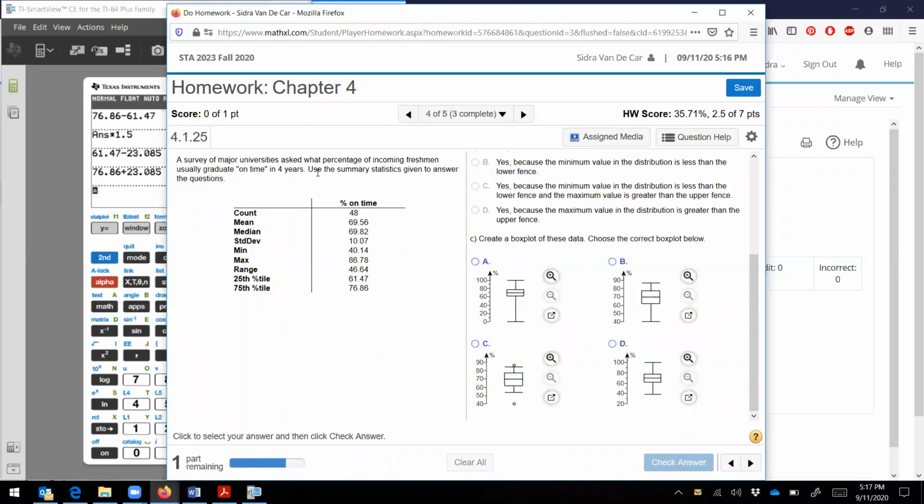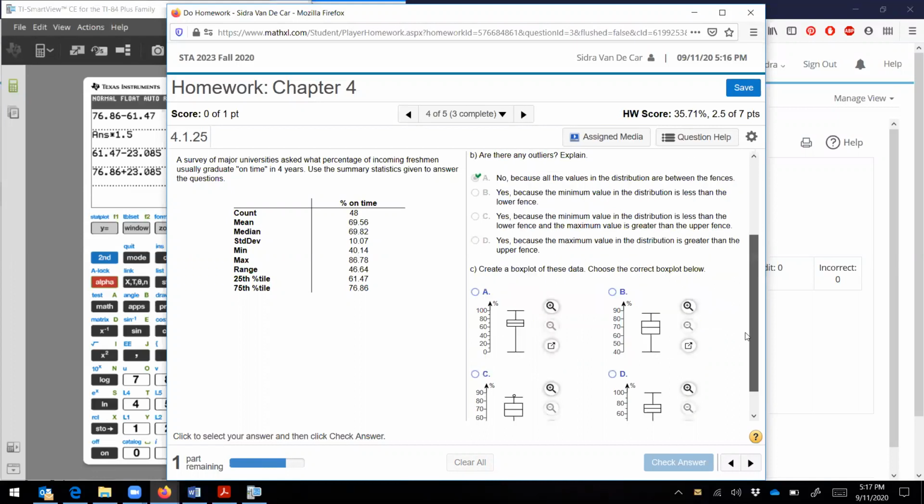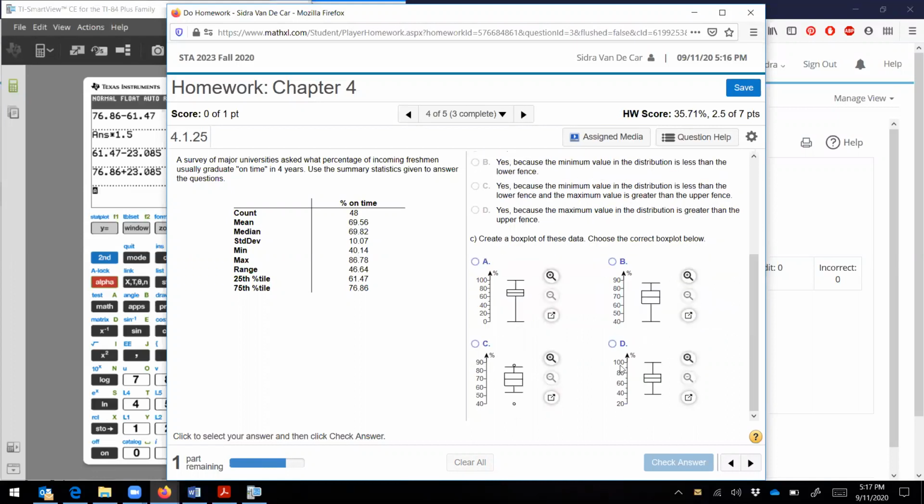A survey, oh, this is the same prompt. So where am I here? Create a box plot of the data. Okay, so we can rule this out immediately because there's not an outlier, so I know this is wrong. But our mean and median are both around 69, and it looks like they're all there. So we got that.